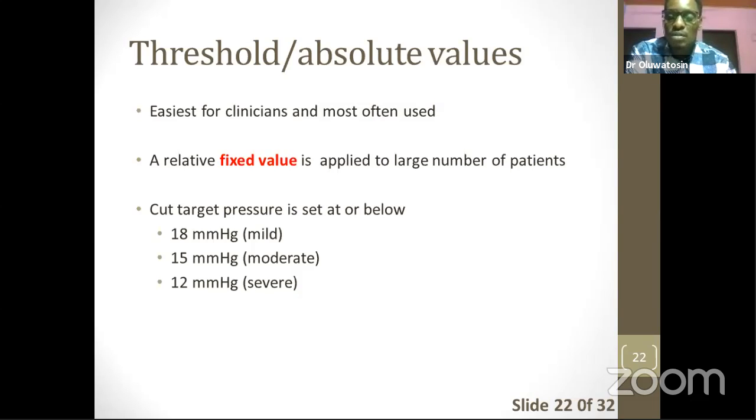For the mild, 18 millimeters mercury is set. Then for the moderate, 15 millimeters mercury, and the severe, 12 millimeters mercury. Depending on the severity of the disease condition, you want to lower the pressure as the severity increases. You want to lower the target intraocular pressure.